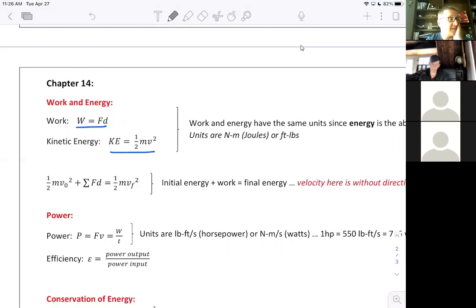There's a lot of potential energy there. So kinetic energy is really the energy of motion, and notice it's got velocity in it. I like to think of this as the energy of position, and this is the energy of motion. But you've got those equations, and you've got the units for them, and so great. That's all you need to know.